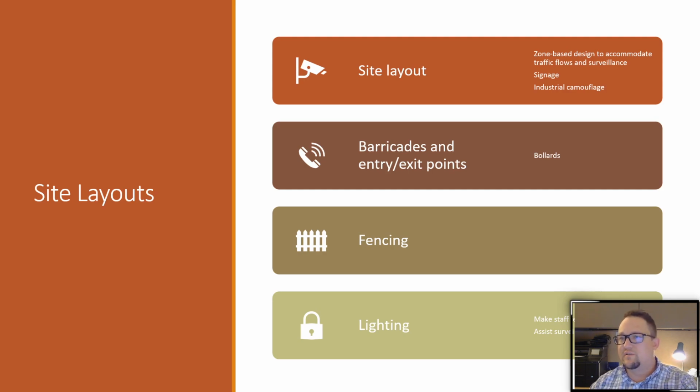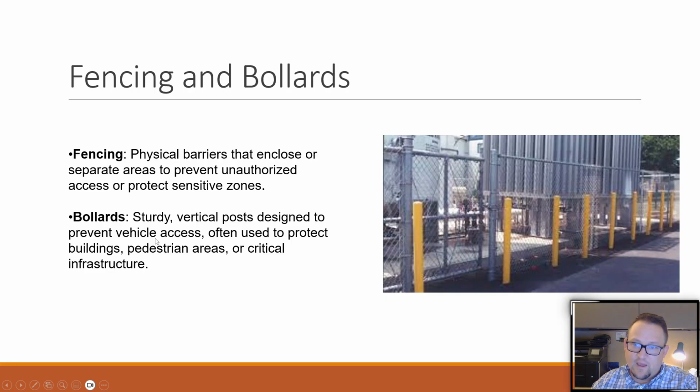We need to make sure that we have places where we can control the flow of traffic. We have places to put signage. We have ways to put bollards down in front of our buildings, which we'll talk about when we talk about fencing. And then make sure that the lighting is applicable, because if it's too dark, our cameras won't work so well, okay?